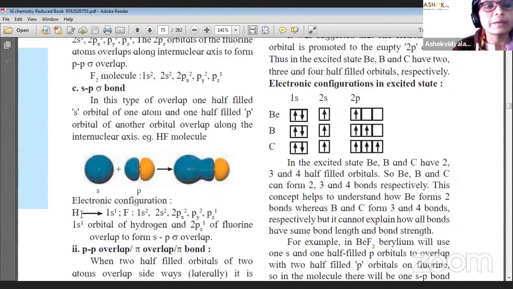The electronic configuration of hydrogen is 1s1, and of fluorine is 1s2, 2s2, 2px2, 2py2, 2pz1. This is the one unpaired electron in hydrogen, and this is the single unpaired electron in fluorine. So when hydrogen overlaps with fluorine, it forms the HF covalent bond and the HF molecule. This is the sigma bond formation in the HF molecule.